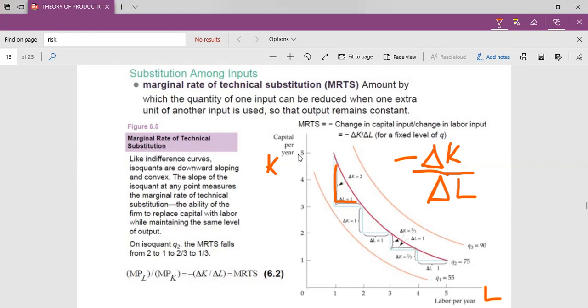For example, here we see the values of capital 1, 2, 3, 4, 5, and here we also have 1, 2, 3, 4, 5. Those are the values for labor per year.